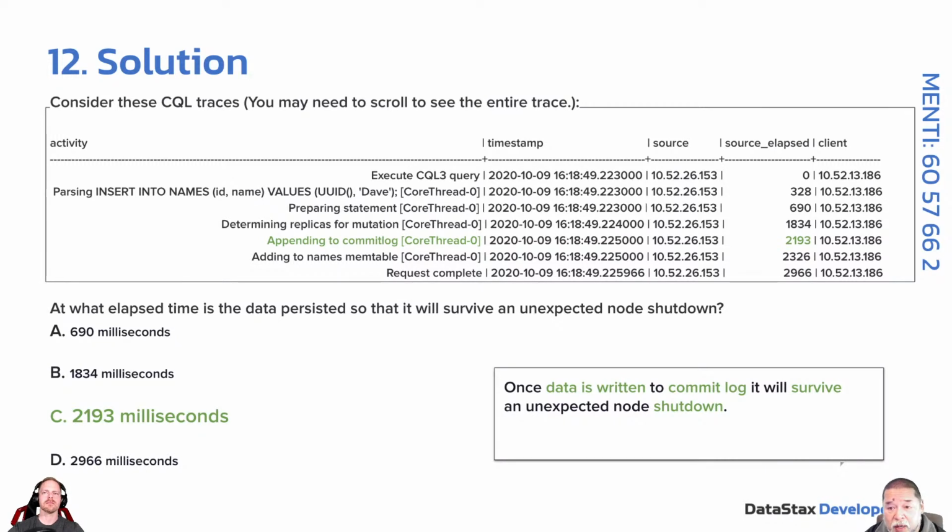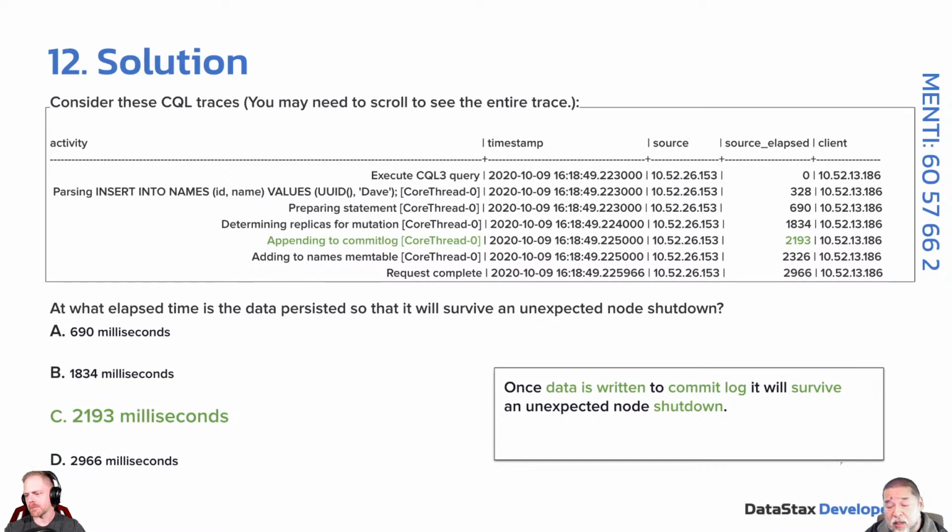But if you look at the operations, we are parsing, preparing the statement, determining the replicas, adding to the commit log, adding names to the mem table. Preparing the statement and determining the replicas is where we're going to replicate. Then appending to the commit log.